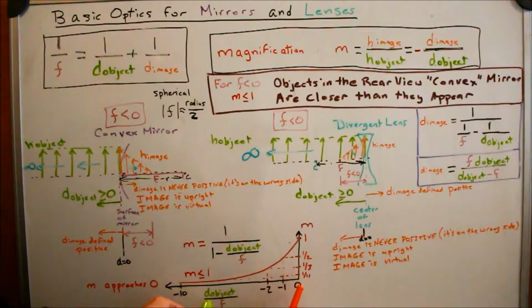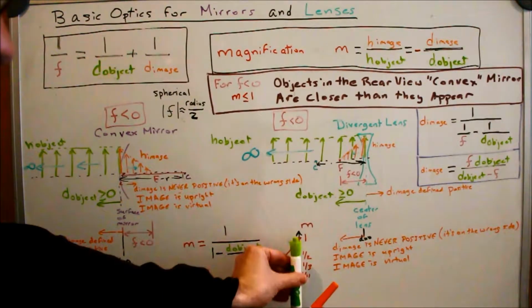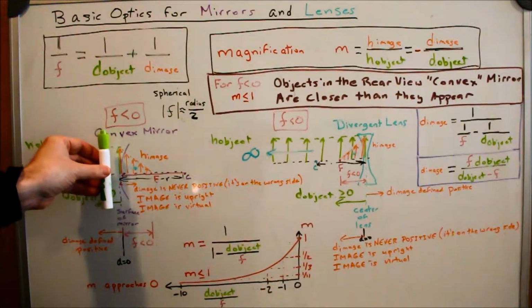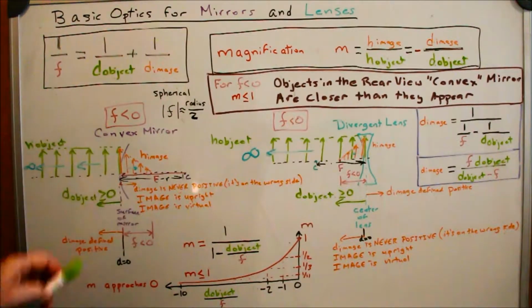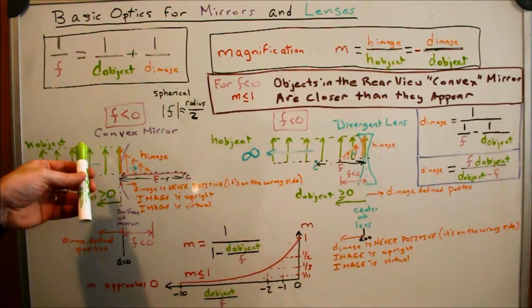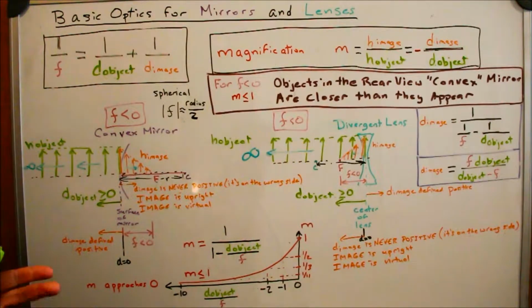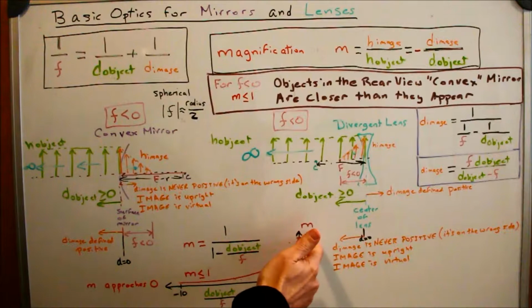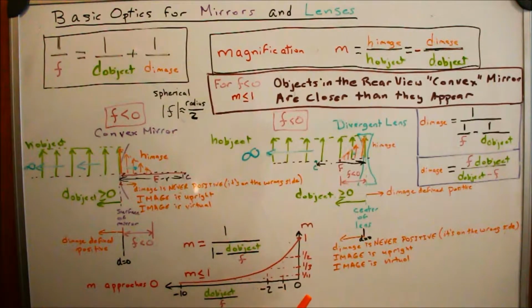If the object distance is right against the mirror, or if you consider that the focal length is infinity, like a plane mirror, we know that the magnification factor is 1. I look in a plane mirror, which has an infinite focal length, and therefore this number goes to 0. I see myself in the mirror the same height that I truly am. I'm a magnification factor of 1.